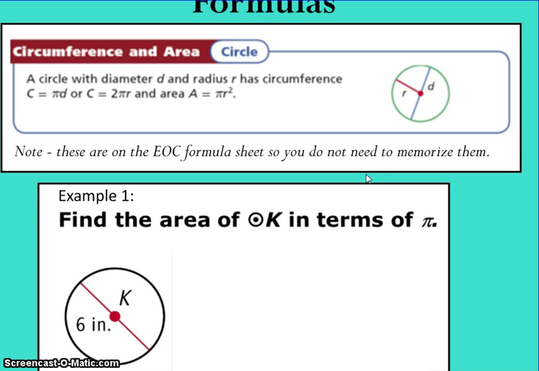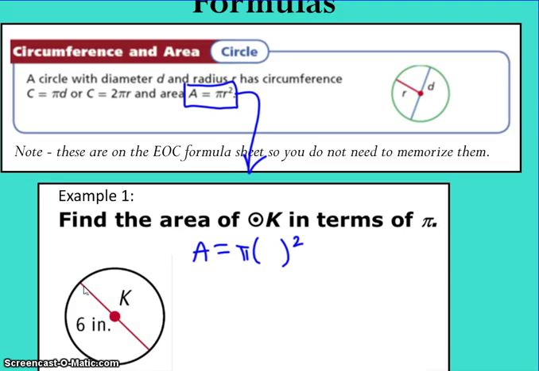Alright, so let's do an example. It says find the area of circle K in terms of pi. So I look at my formulas. This is circumference, there's area. So this is the formula I'm going to use for this problem down here. So area equals pi times r squared. Now, r is my radius, but unfortunately I've been given diameter in this picture.